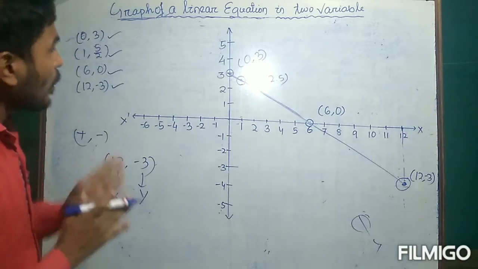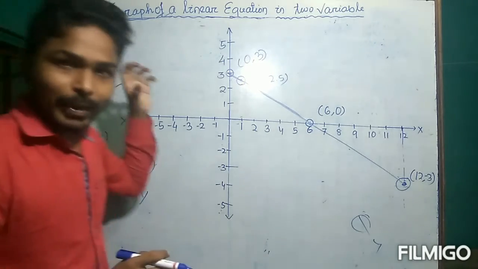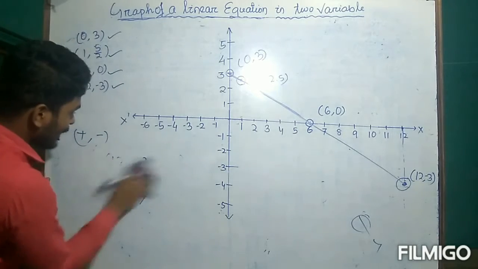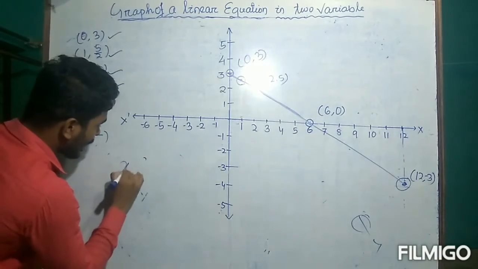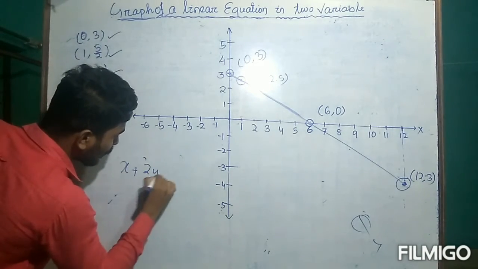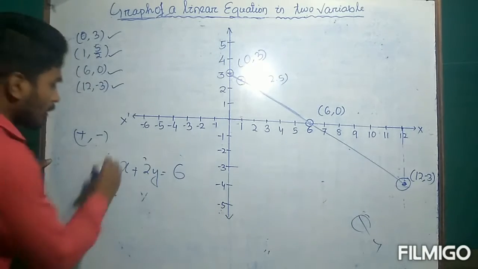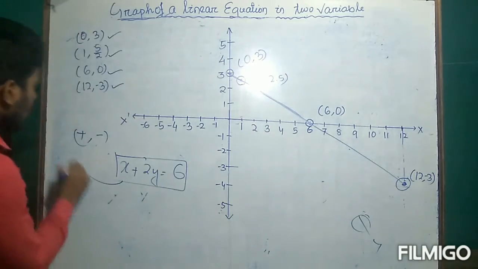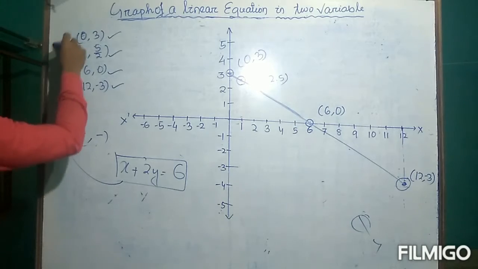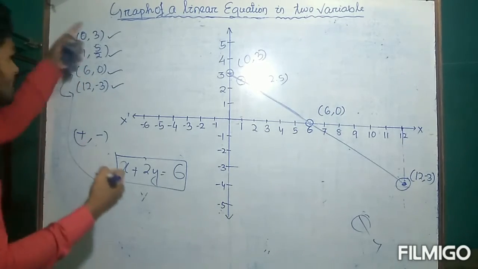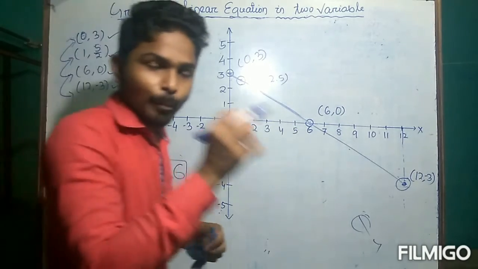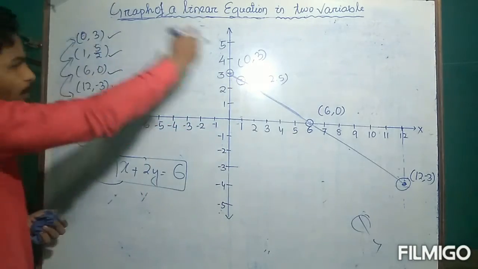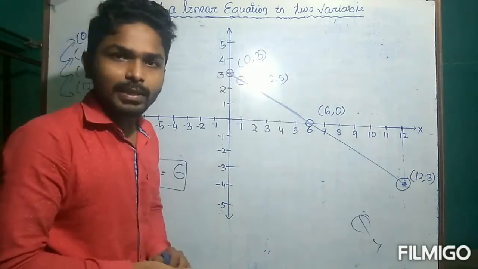Hence you find that all these 4 points we get from the linear equation in 2 variables. Initially we had the linear equation x plus 2y is equal to 6. We took this linear equation in 2 variables and found 4 solutions of this equation. All these 4 solutions are in ordered pair format, and these points should be represented on this Cartesian coordinate system.